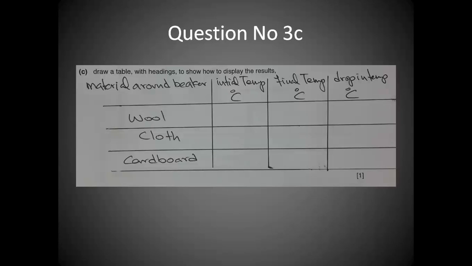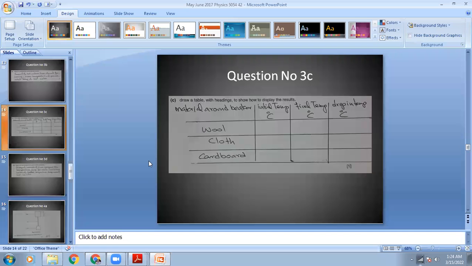Here I have tried to draw a table showing what the headings should be: material around the beaker, initial temperature, final temperature, and drop in temperature. For different materials, I will do these things. And we have supposed that we will give 10 minutes for cooling. Hopefully you understand.